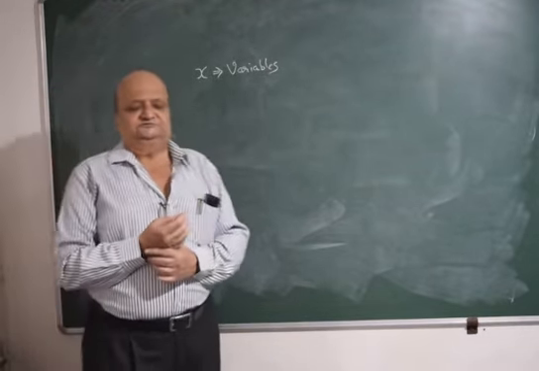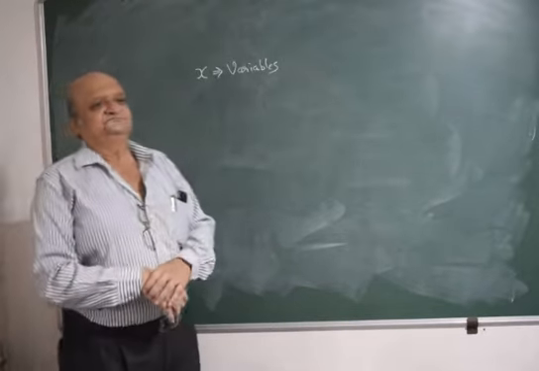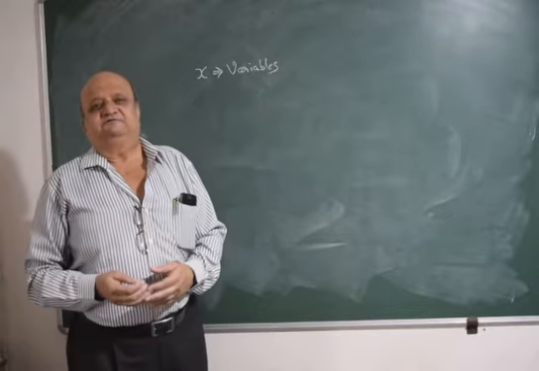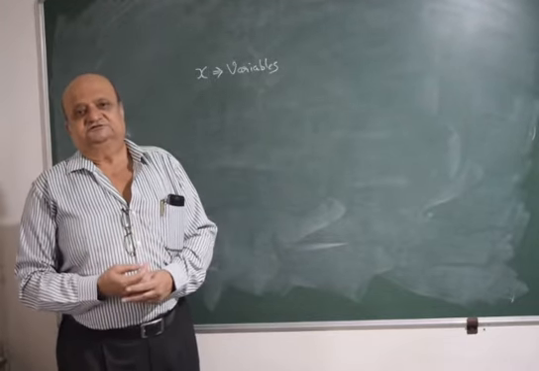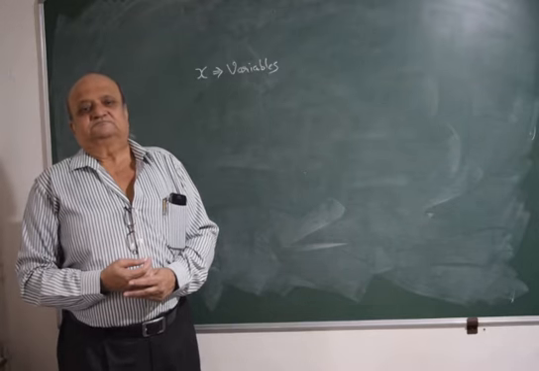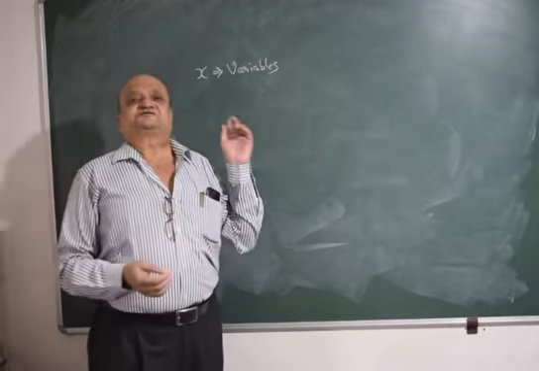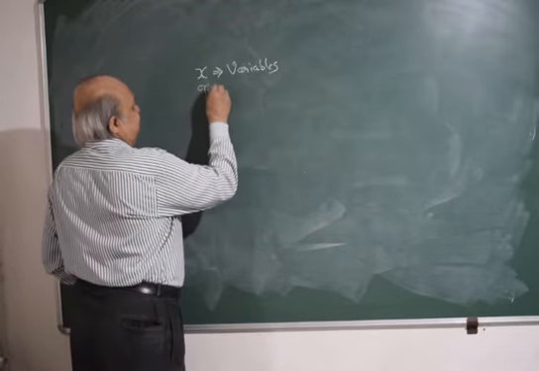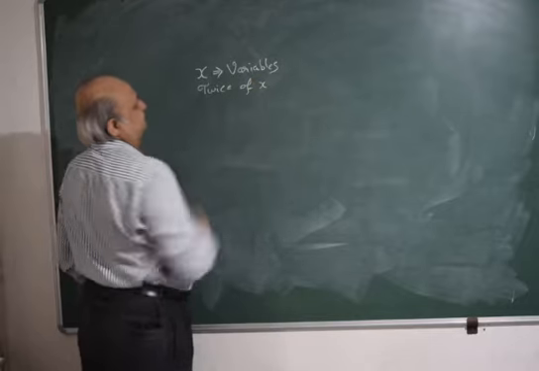Sometimes we increase this number. Say we make it twice, we make it thrice, we make it 10 times, we make it 1,000 times. But we don't know the number. So how do we write twice of x?